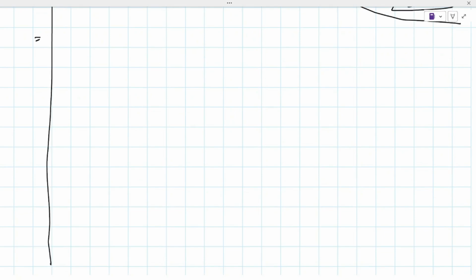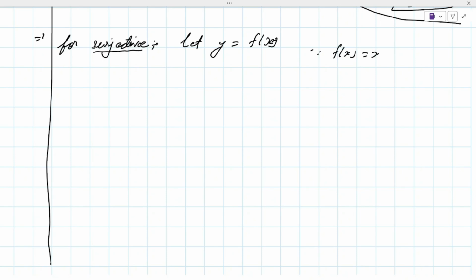So here we will write for surjective, let's see how we will do. We let y equal to f(x), right? Since f(x) is equal to x cube, we can write y equal to x cube, in the place of f(x) we write x cube.